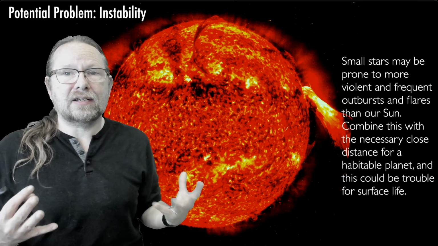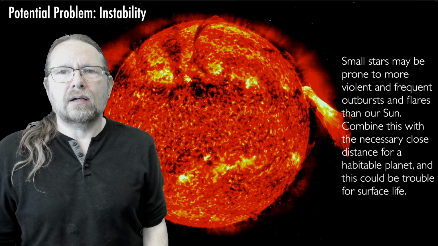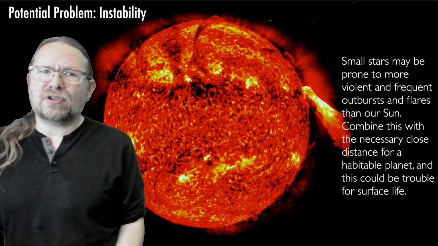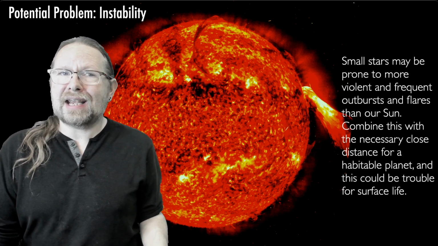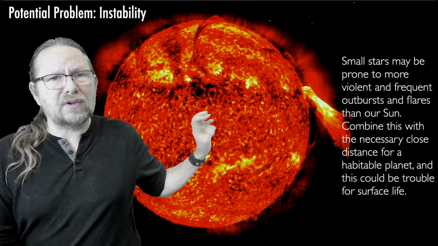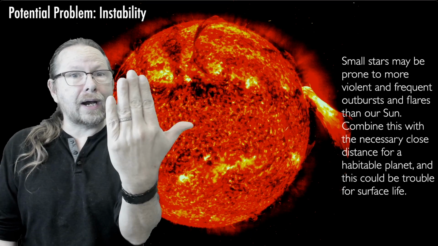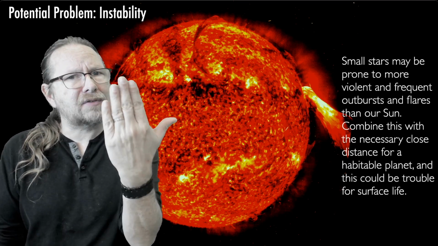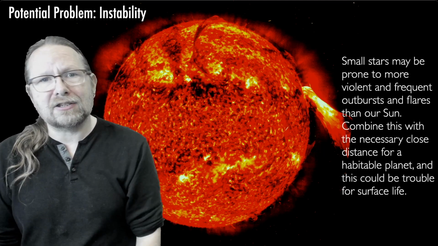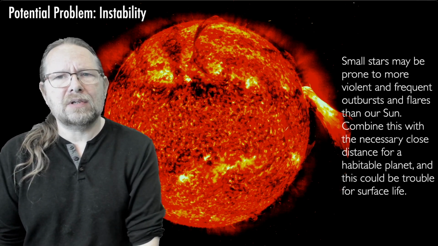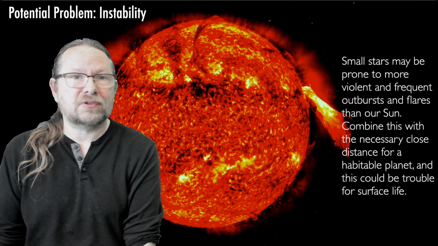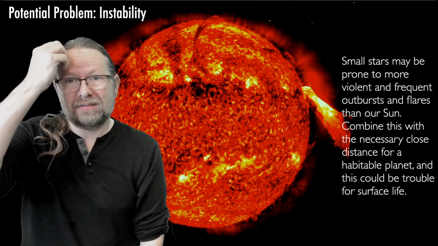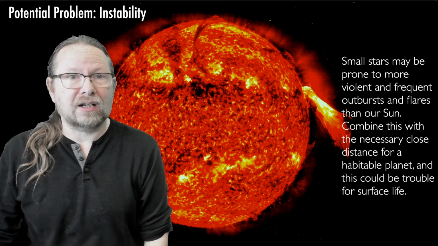Its brightness and its surface stability is less than the sun's. So there's some evidence that surface life could be hard to maintain on an M-type star prone to violent outbursts if you are right up, 0.2, 0.15 AU away, very close in. You would be getting blasted by these outbursts and solar flares and eruptions all the time, which causes a bunch of radiation and a bunch of stuff that's not good for living organisms.